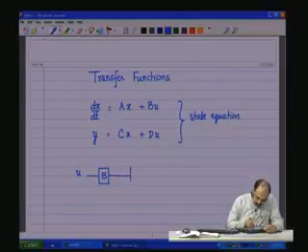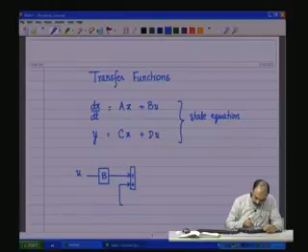It is given to a summer where one adds Ax.